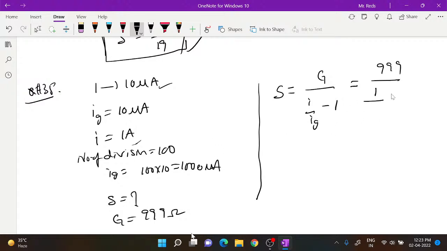The scale is having 100 divisions. So the total current should be 1000 microamps.